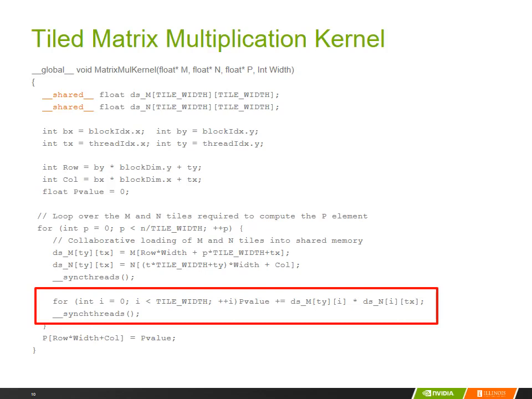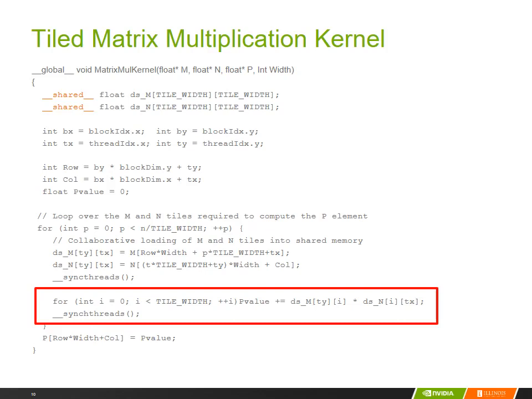So once they complete that section, which is the middle for loop, they're all going to execute the barrier synchronization again. This is because we need to make sure that all the threads have completed their inner product calculation based on the shared memory contents, so that we know that no thread will need the current shared memory contents anymore.